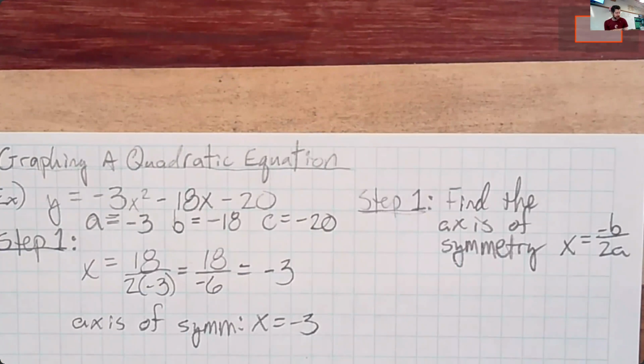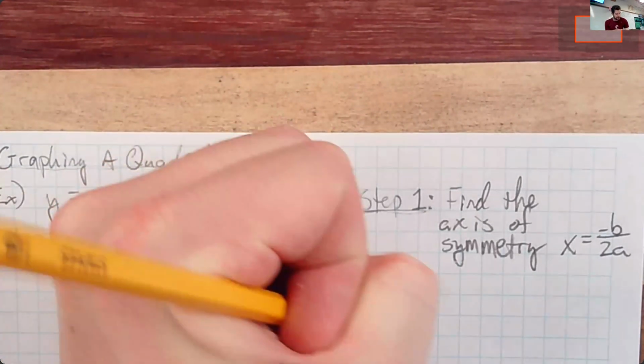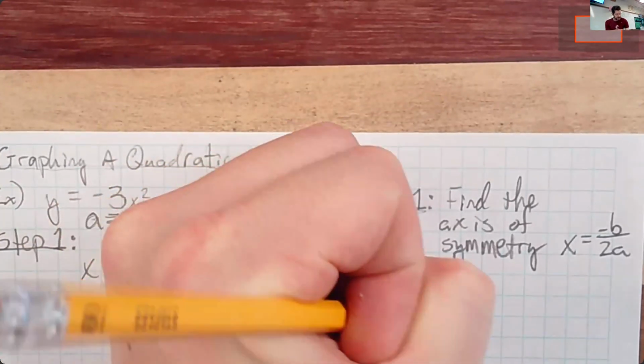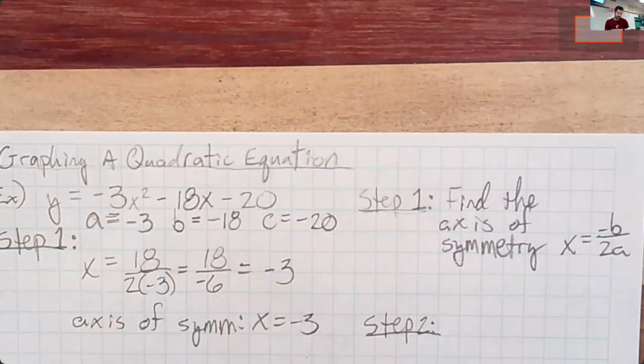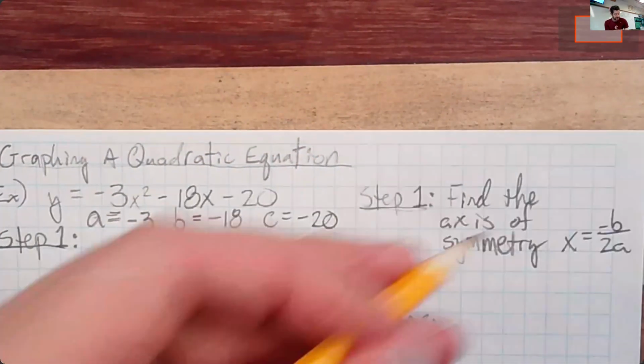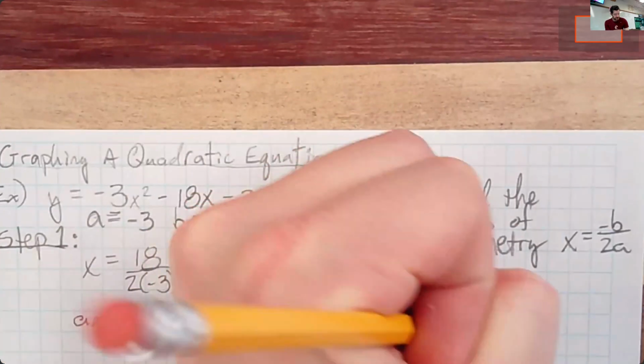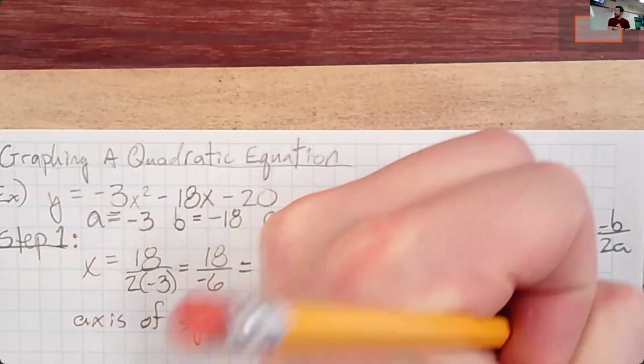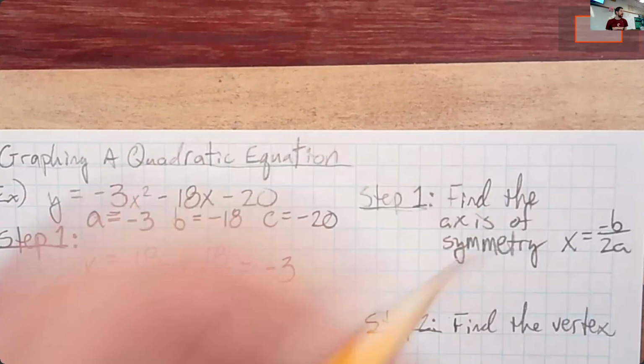Step 2, over here, says to find the vertex. Now the vertex is the middle point of the graph.